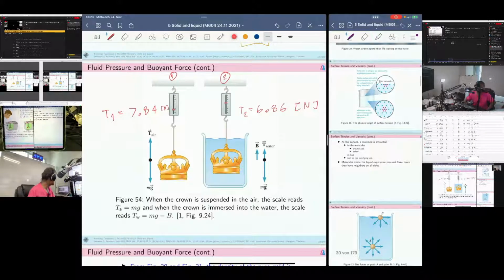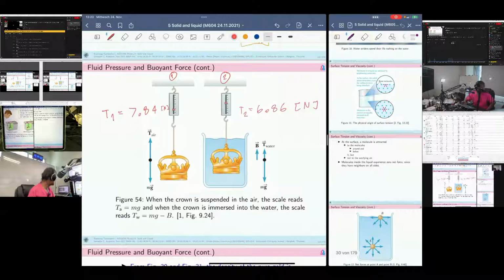As we know already, rho gold is this one, 19.3. We need to determine the density of this crown, right? We need to find the density of the crown.